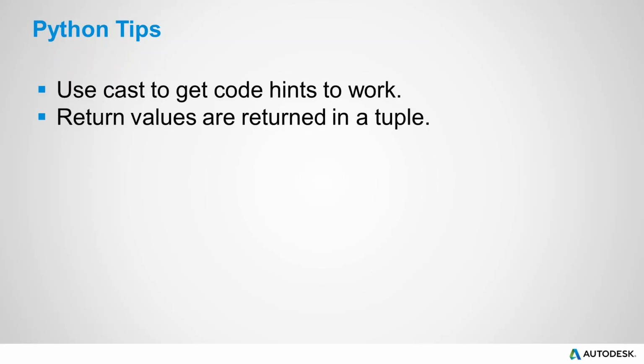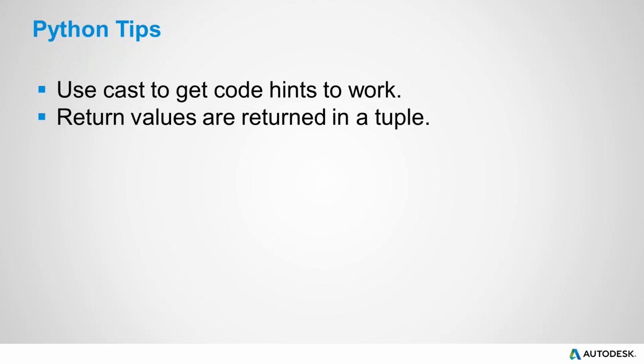This is another kind of gotcha and goes back to my tip on the other slide, which is to double check your return types. So in Python, return values are returned in a tuple, and the first value in that is just the return code, so true or false, whether it succeeded or not, and the second one is the value.